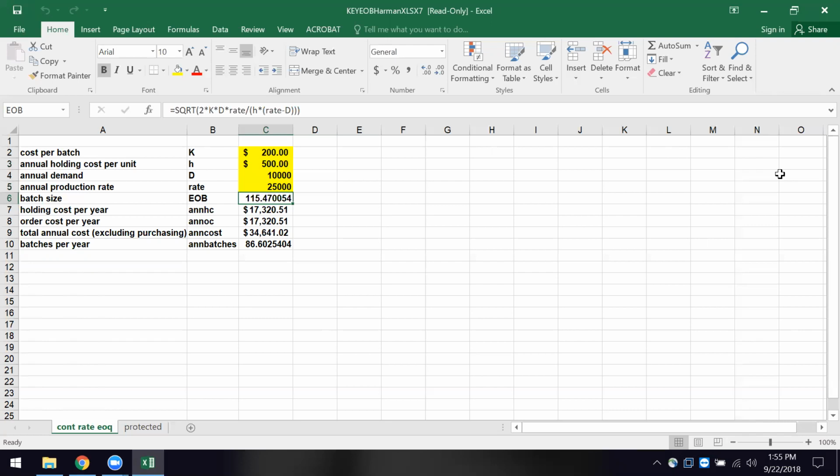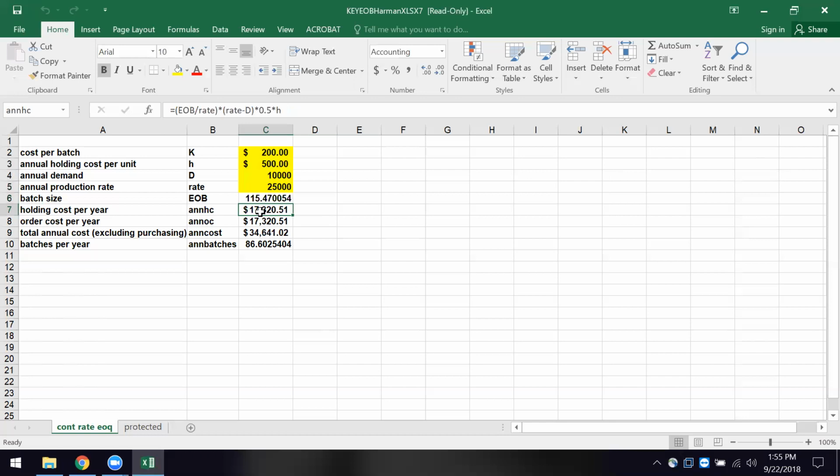Now, because we have that annual production rate thrown in there, we're not going to get just the square root to figure out how much we need to make. It's going to have to come up to annual demand. So we're going to come down here and we'll get the holding cost per year. And you can see that the EOB divided by the rate.